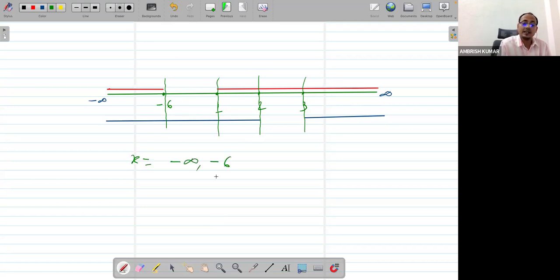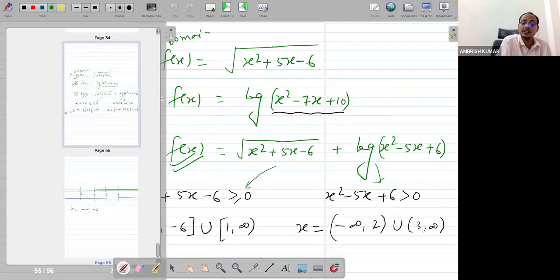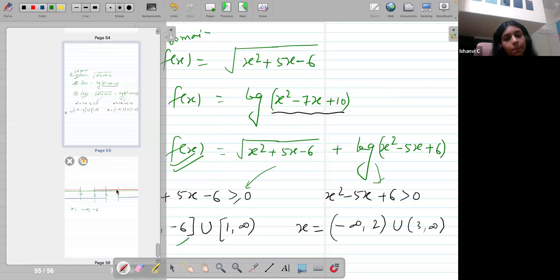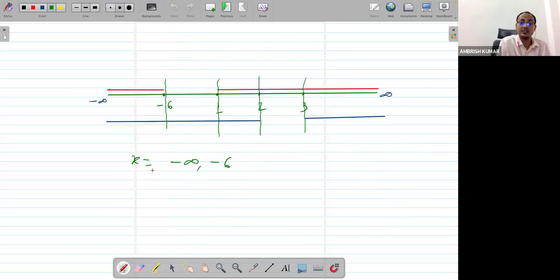Now whether we should be taking -6 in open or closed. So for that, you go and check the separate answer here. -6 is in closed, right? Means yes, at -6 the square root is defined. At -6, see here it's a continuous line, means at -6 the log is also defined. So -6 has to be taken in closed interval.